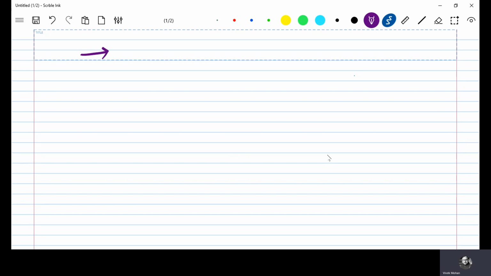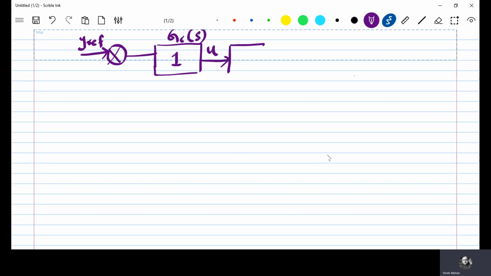We have a command signal Y reference connected to a controller GC of S. The gain is 1. U is the input.